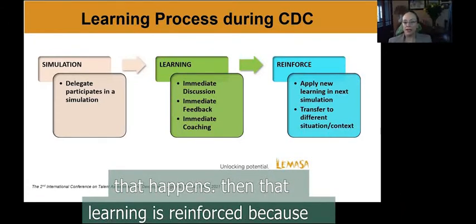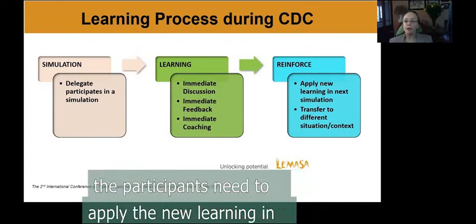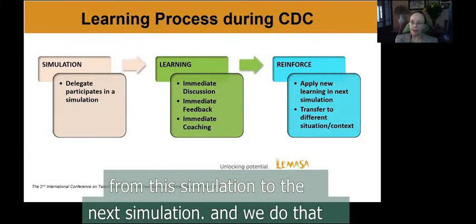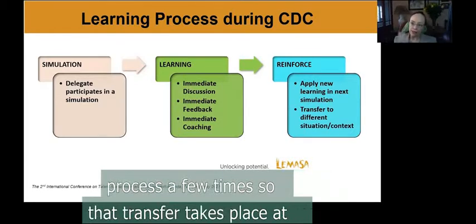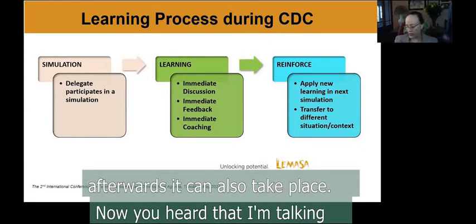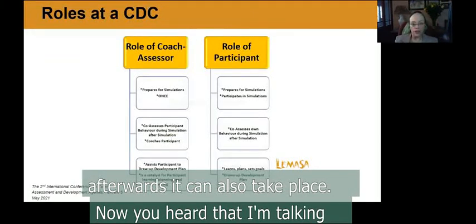Then that learning is reinforced because the participant needs to apply the new learning in the next simulation, and transfer the learning from this simulation to the next. And we do that process a few times so that the transfer takes place at least 2 or 3 times during a center, and then hopefully afterwards it can also take place.